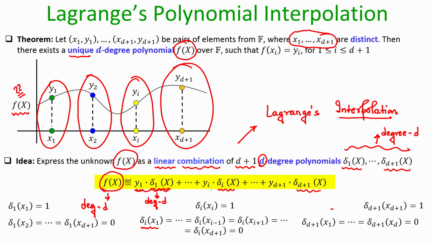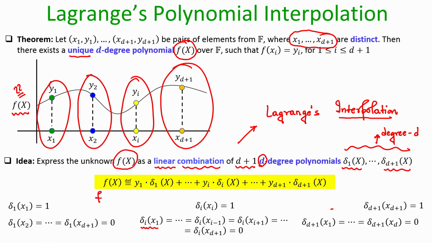Similarly, y 2 times delta 2 of x is a degree d polynomial, and in the same way y I times delta I of x is a degree d polynomial, and so is the last term. And if I sum up several degree d polynomials, I will again get a degree d polynomial. So, it is guaranteed that whatever f of x I compute by this linear combination will be a degree d polynomial. And now, do I get the guarantees that I have in the theorem?